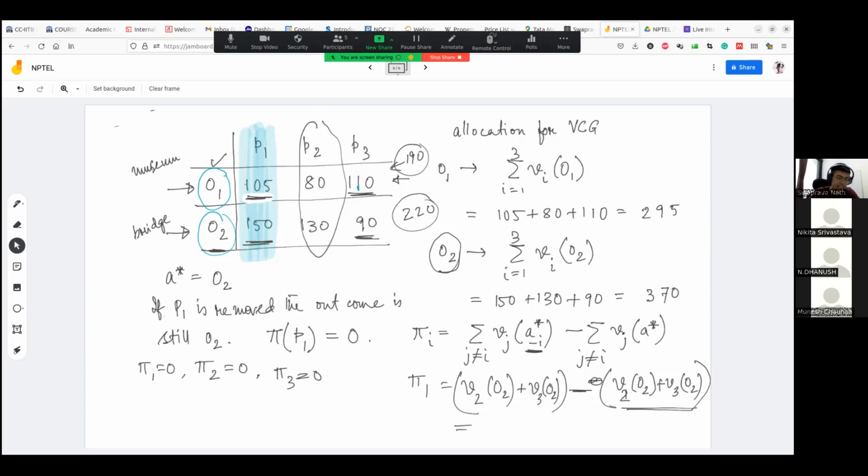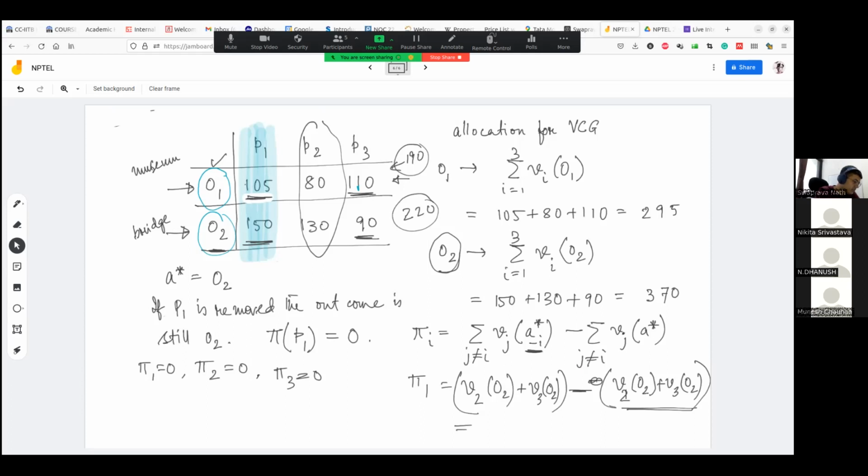But what the problem actually says is that if object one goes to player one, then it gets a value of 105. So the allocations change completely. The allocation is either O1 goes to P1, or how you can distribute O1 and O2 between these three players.